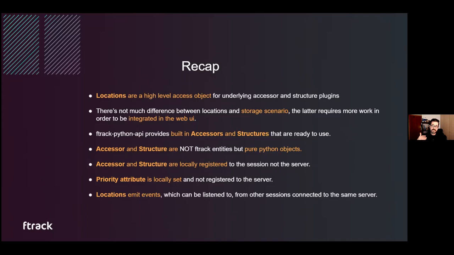Locations can emit events, and do emit events when you operate on them, and these can be listened to so you can do something with them. For example, you can listen to an event of a file transferred to a cloud location, so you know when the file will be ready to be pulled from the cloud location and transferred somewhere else, triggered by a chain of ftrack events.